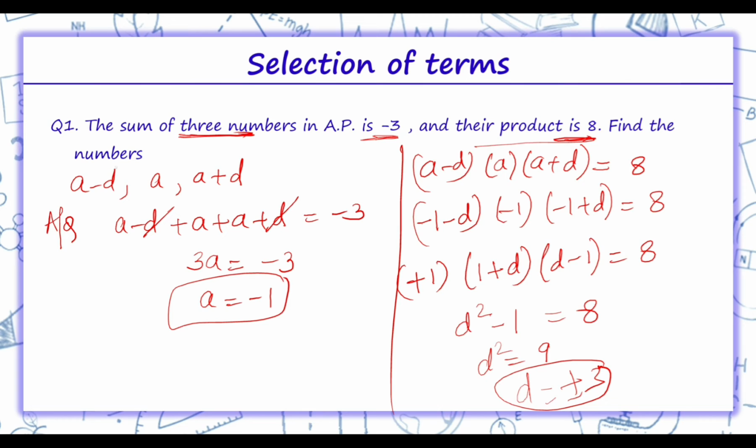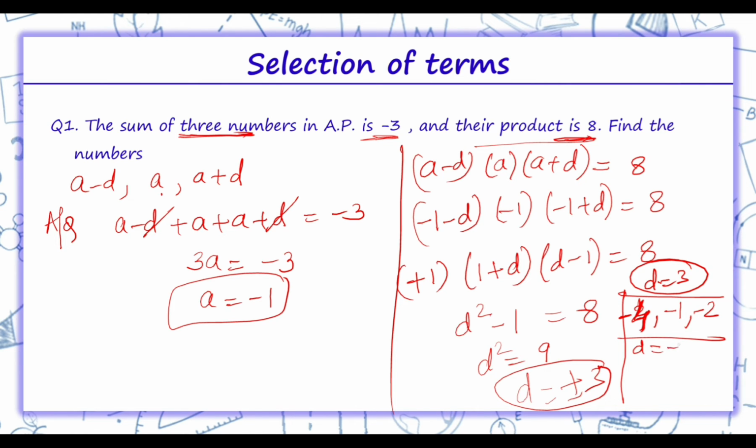Now first of all, we will put the value of d to be plus 3. So the sequence which we will get will be minus 1 minus 3, that is minus 4, then minus 1, then minus 1 plus 3 will be 2.